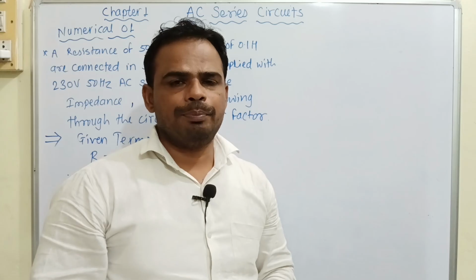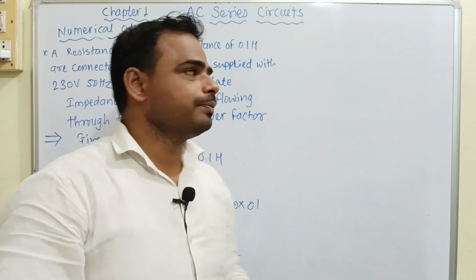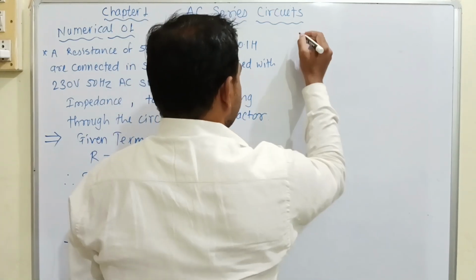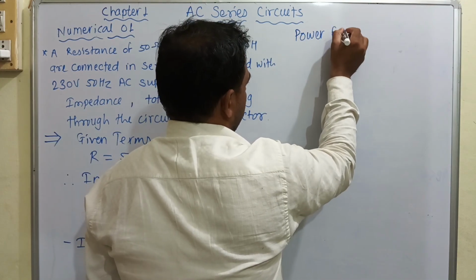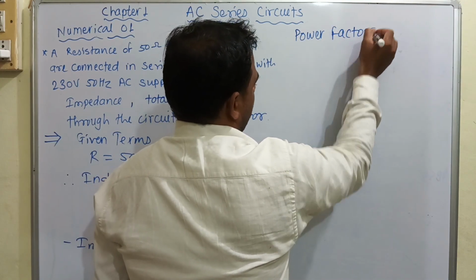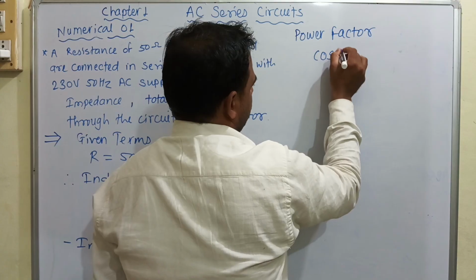Now we see the power factor of the circuit. Power factor is cos phi.